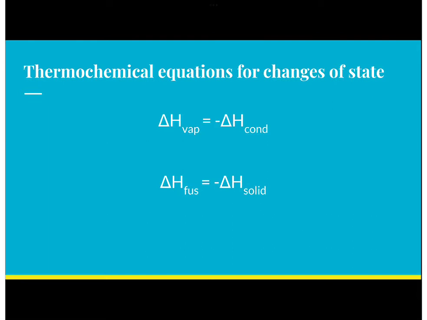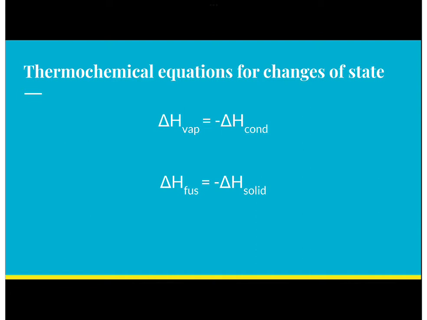But as you consider changes of state, we should realize that they kind of come in pairs. Each one is the reverse of another one. So if you think about it, vaporization or boiling is the opposite of condensation. One is going from a liquid to a gas, and the other one's going from a gas to a liquid. So they have a relationship. Those enthalpies are just going to be opposites of each other.